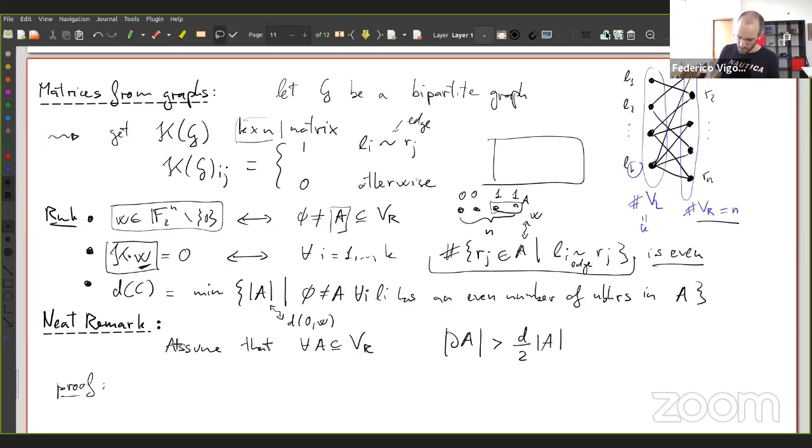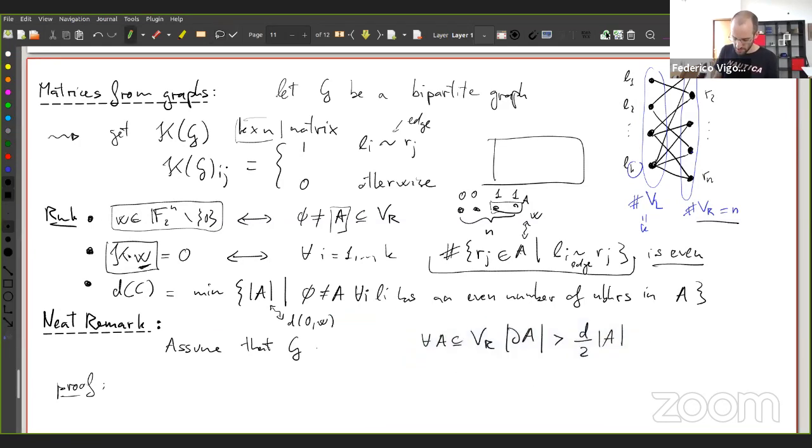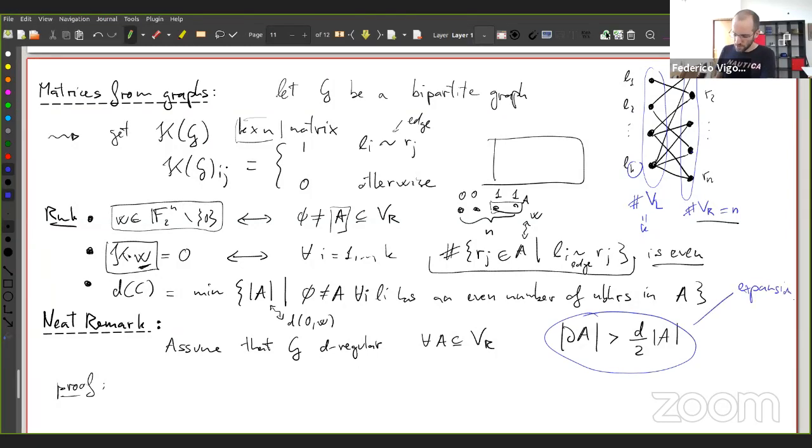Let me first say, assume that the graph G is d-regular for convenience, and that for every subset on the right, the size of its boundary is strictly bigger than d over 2 times the size of A. This is our notion of expansion, which is why I say that there are expanders.